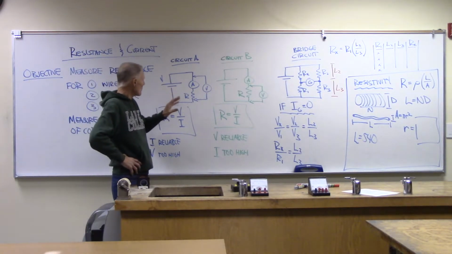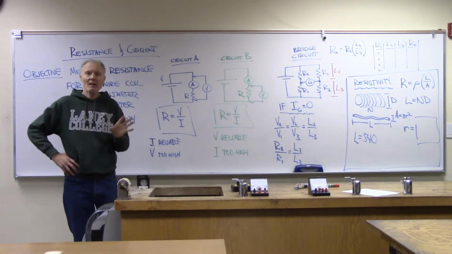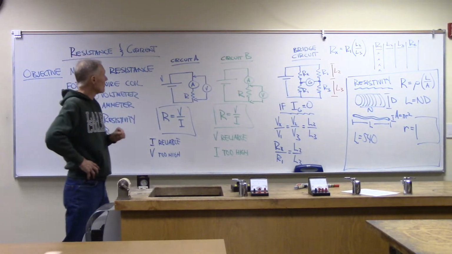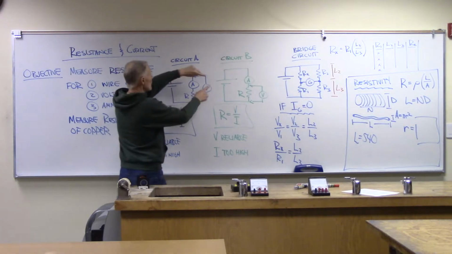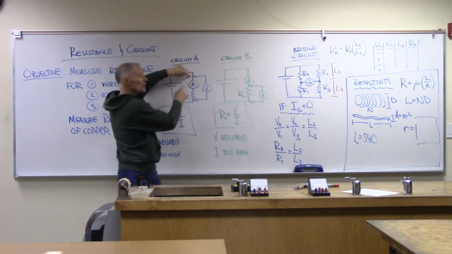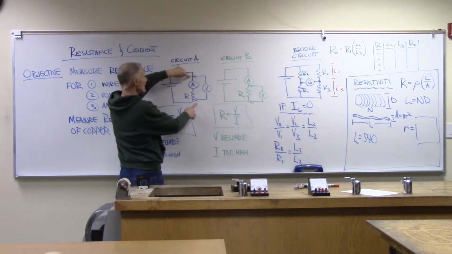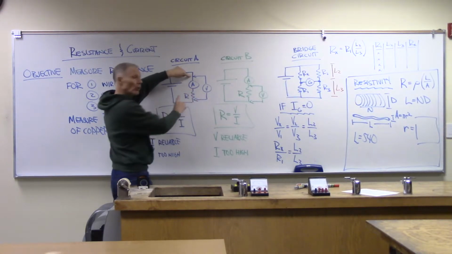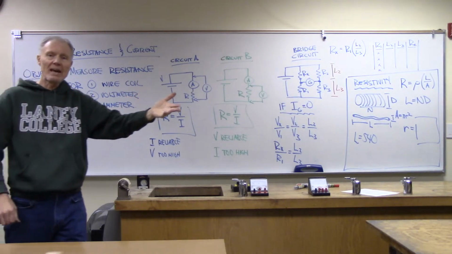Now the problem here is getting a current and a voltage reading both at the same time. And there's a couple of problems here. First of all, what I might want to do is attach my voltmeter here. By attaching the voltmeter here, the ammeter will continue to give me a good reading. Now, the problem here is that the voltmeter, instead of just measuring the voltage across the resistor, is also measuring the voltage across the ammeter.